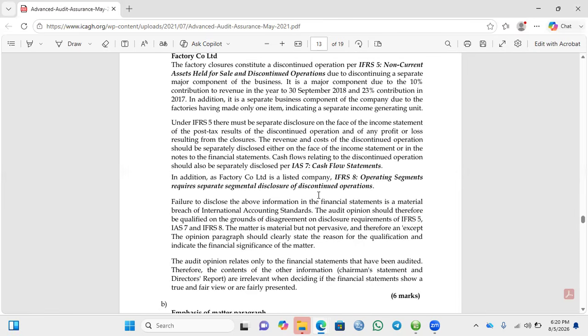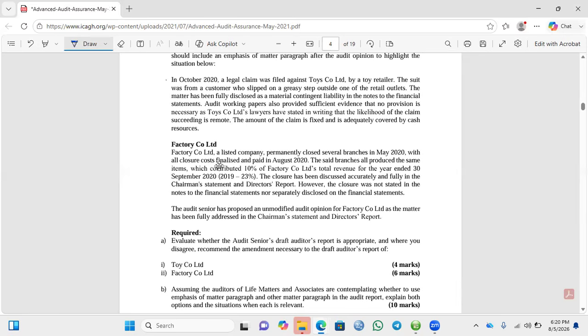The solution gives an indication that there is no disclosure of the asset held for sale and discontinued operations. But the auditor, let me see what the auditor said. The auditor has proposed an unmodified opinion.